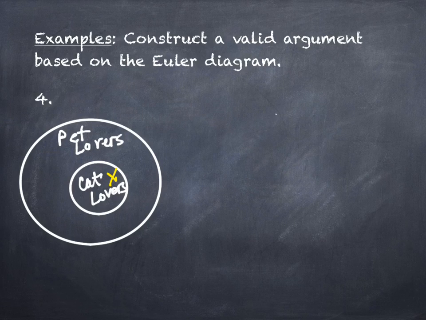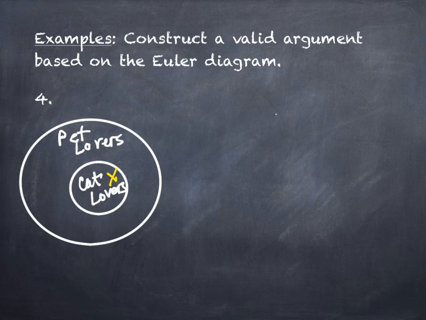So we're kind of working backwards, right? We've got this picture, and we're going to create an argument with two lines, and then a therefore statement. The first sentence has to be about the circles. So looking at the circles, cat lovers, pet lovers, what can I say about the structure of my circles? Right.